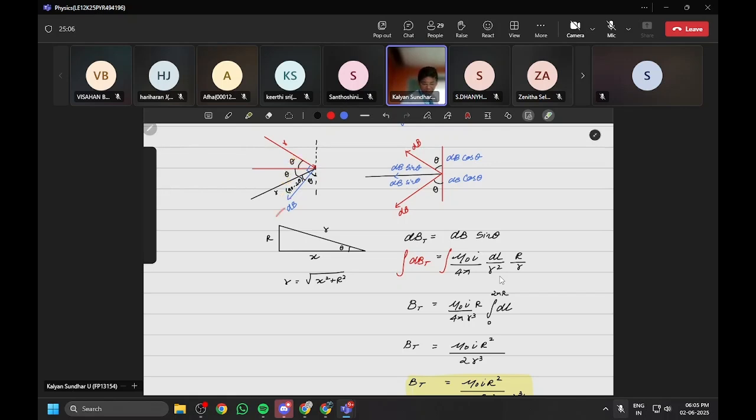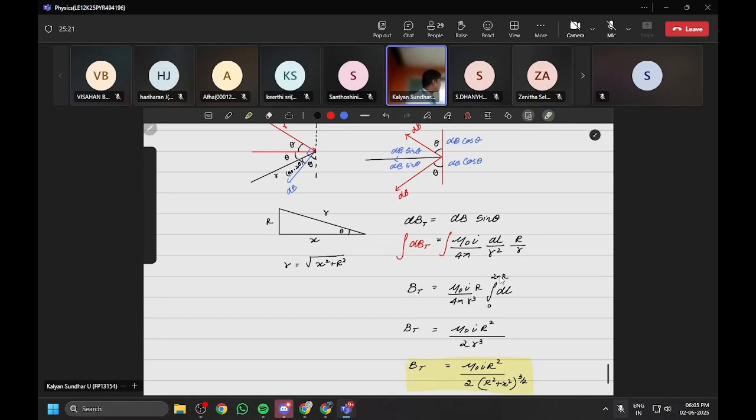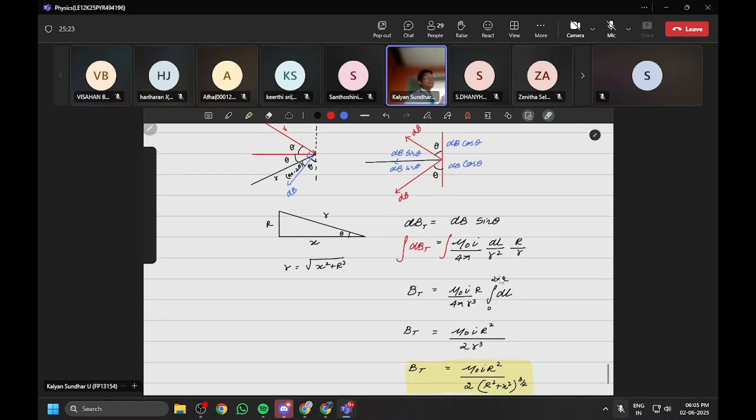This is my dB vector. How will the dB vector and this red r be? How many degrees? 90 degree to each other. So overall it is 90. If this is theta, this is theta, then this will be 90 minus theta. If this is 90 minus theta, then this will be some x component.